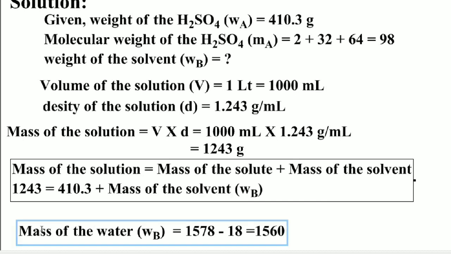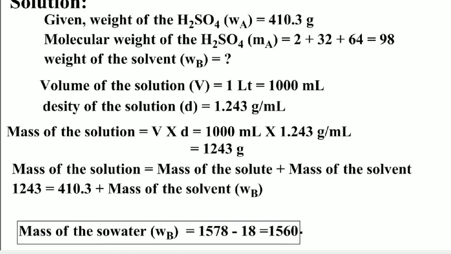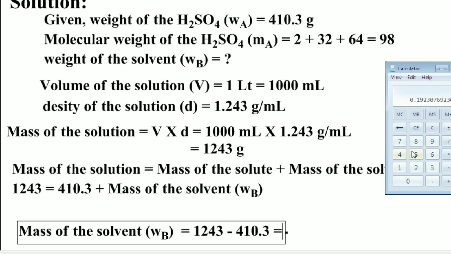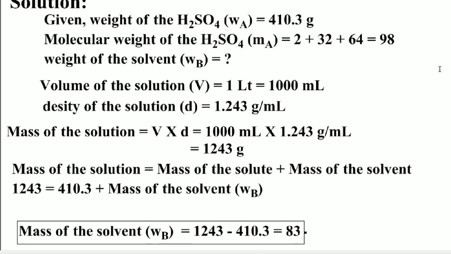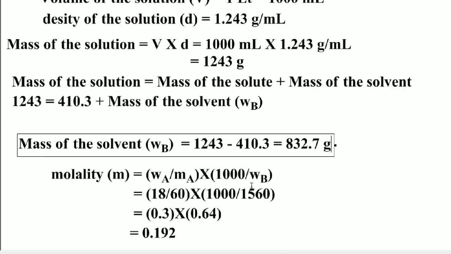Therefore, the mass of the solvent WB is equal to 1243 minus 410.3, that equals 832.7 grams, the mass of the solvent.